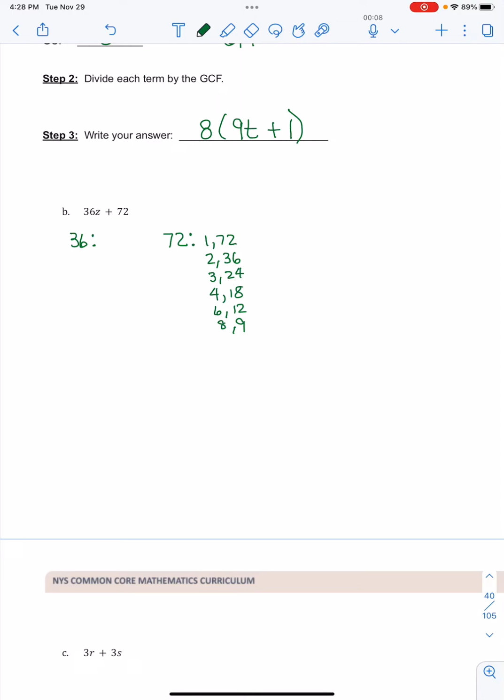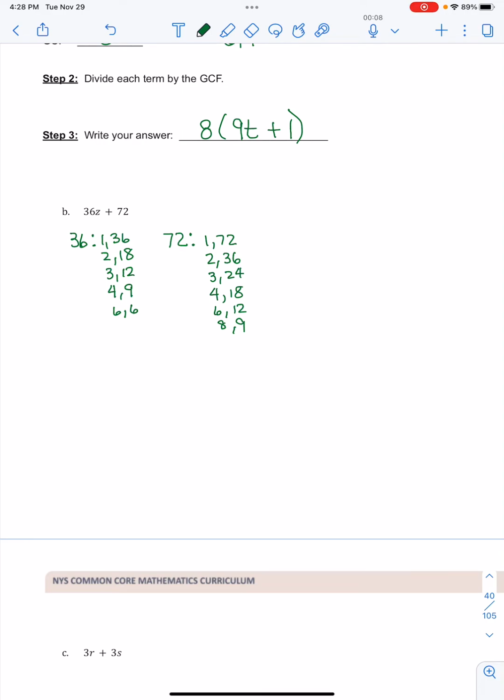For 36, I have 1 and 36, 2 and 18, 3 and 12, 4 and 9, and 6 and 6.